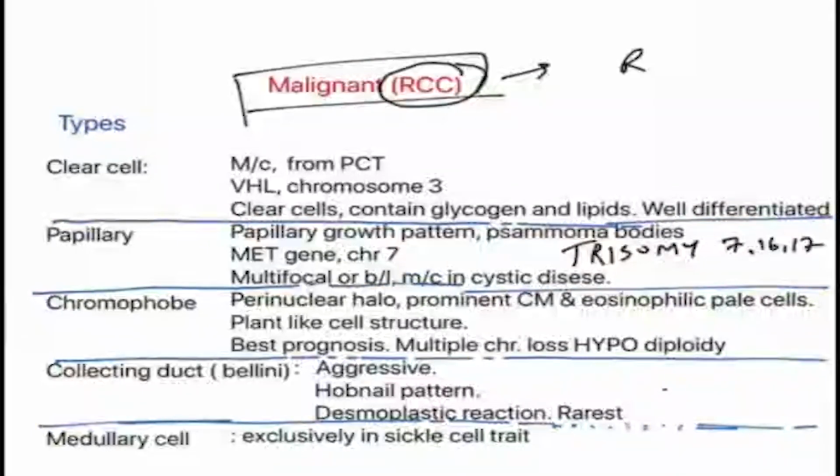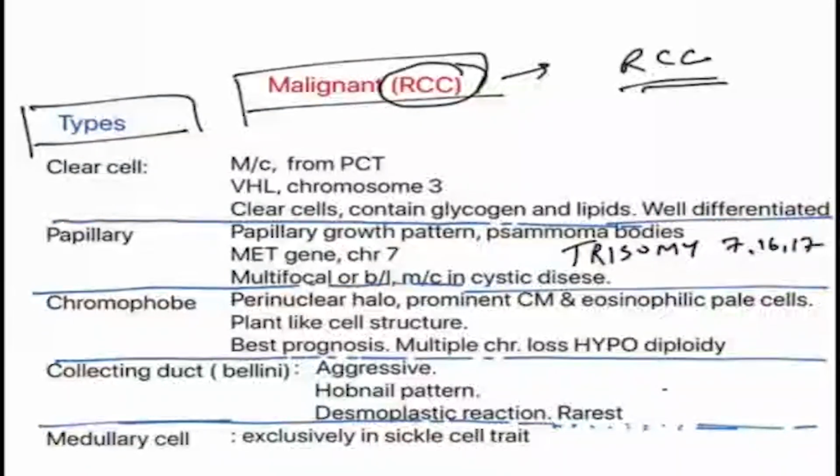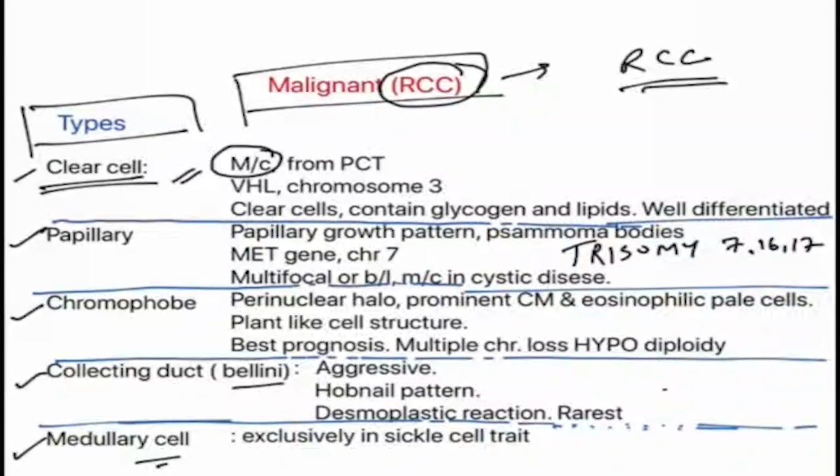Now coming to the malignant tumors of kidney, these are also known as renal cell carcinoma. There are many types of renal cell carcinoma. First is clear cell carcinoma, then papillary, chromophobe, collecting duct or Bellini, and medullary cell carcinoma. Clear cell carcinoma is the most common and mostly arises from proximal convoluted tubules.